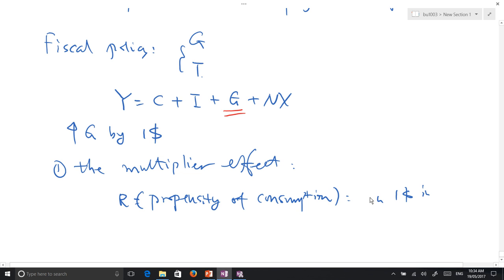With $1 of income, consumers spend R dollars.